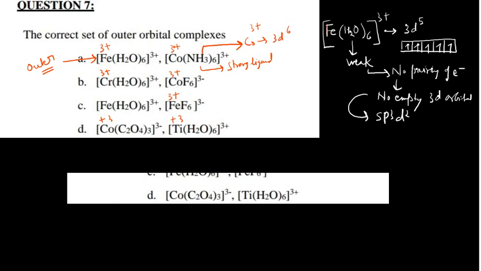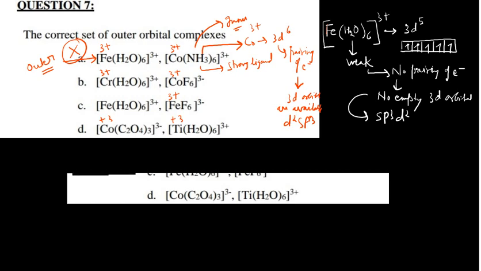But ammonia would behave as a strong ligand, so the pairing of electrons would occur, and that means inner 3d orbitals are available for hybridization. That means d2sp3 hybridization would occur. So it's an inner orbital complex. So option A cannot be correct because you have to find the correct set of outer orbital complexes.